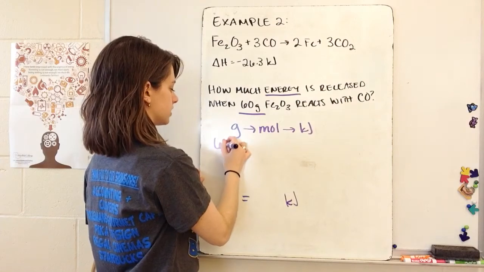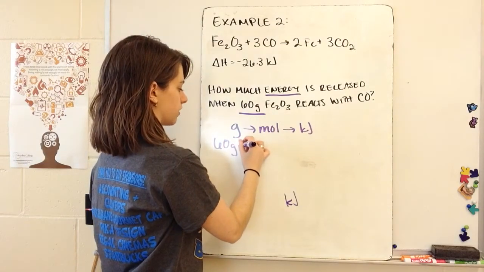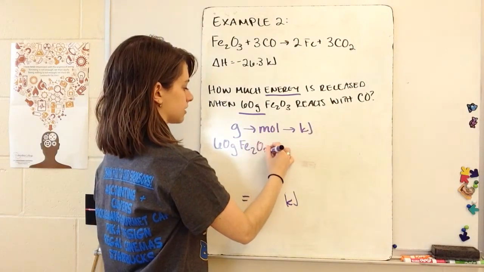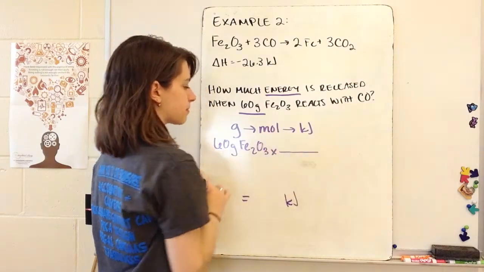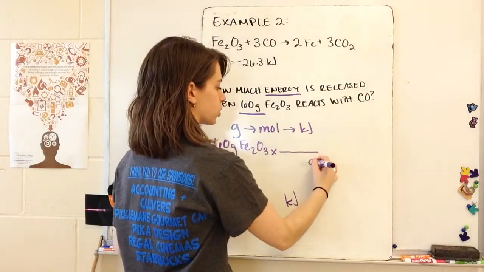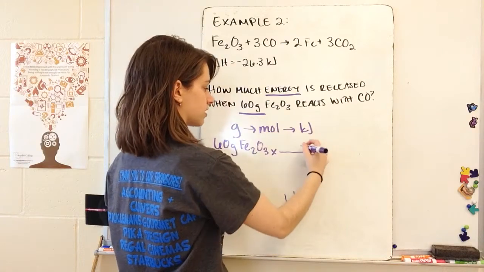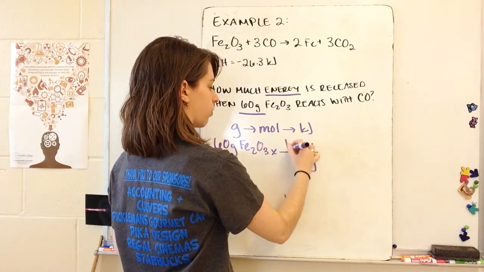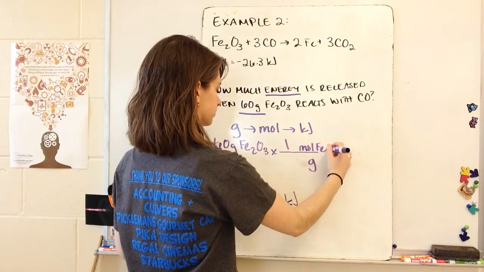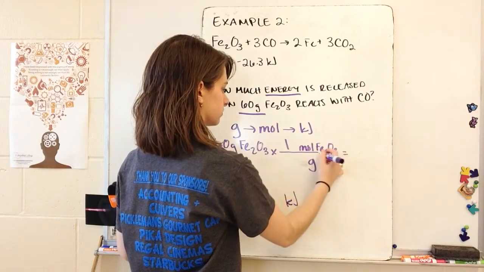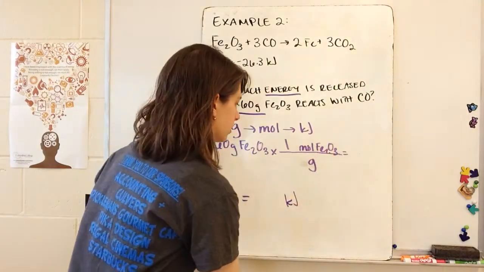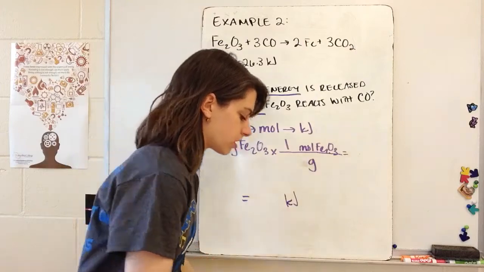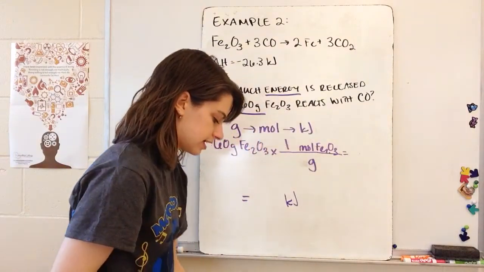So if I have 60 grams of iron(III) oxide, now remember, to do this conversion, I need the molar mass. So I'm going to put the molar mass on the bottom and 1 mole on the top. If I find my molar mass of iron(III) oxide, I need my periodic table.